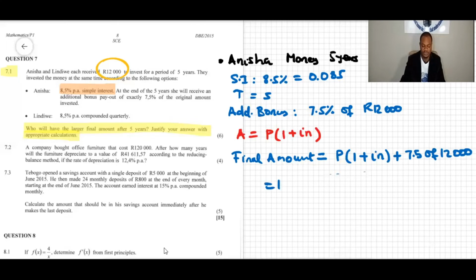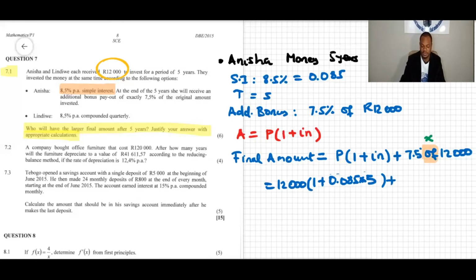So 12,000, open bracket, 1 plus 0.085 times 5 years, so times 5, close bracket, plus the word "of" in math is translated as times in mathematics. So this is like times.